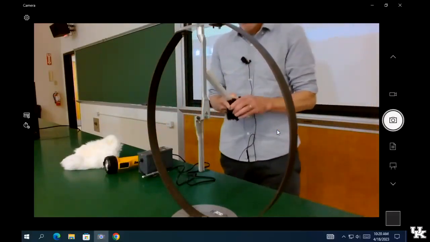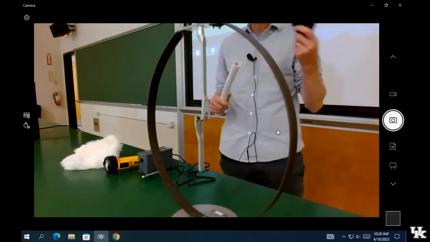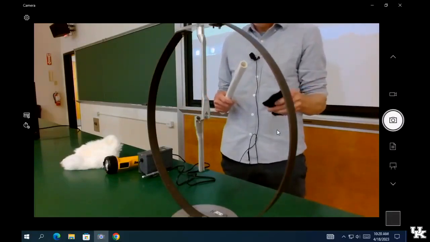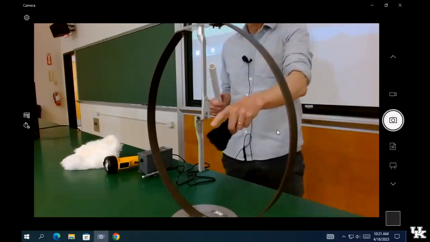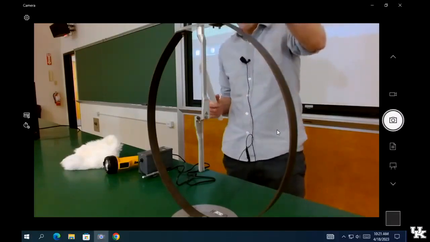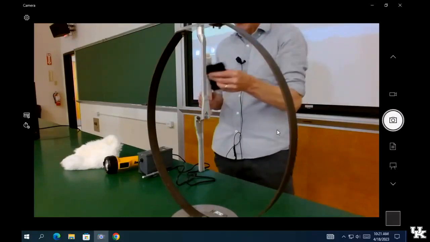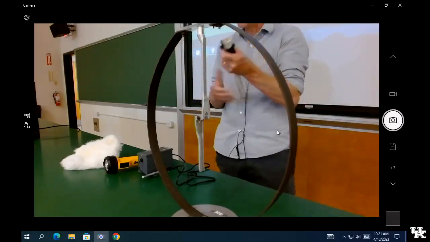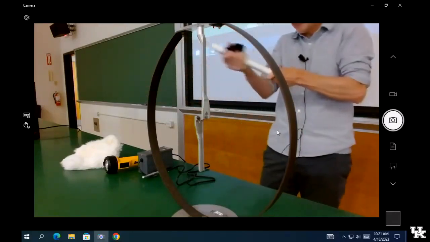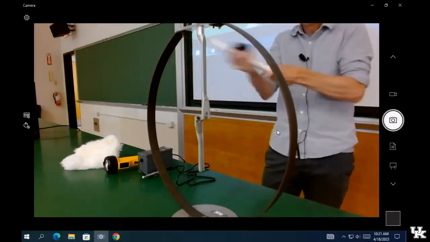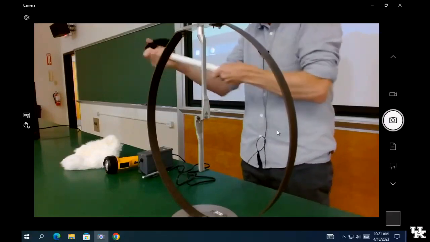Okay, so I'm going to show you that I'm liberating electrons from a metal. This is the metal arm of this electroscope device that we talked about before. I'm going to charge it up. As you know, we charge it up with cat's fur or whatever fur by rubbing it on plastic.